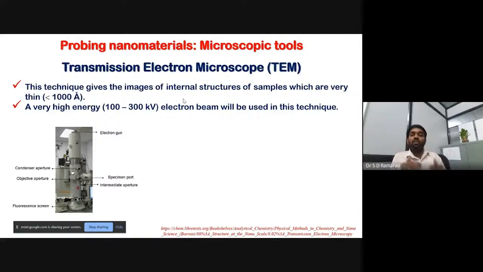So you need to do a lot of processing to make the sample itself. That is the main difficulty of using transmission electron microscopy. You have to make the sample very thin, then only your electrons will pass through your material. Otherwise electrons will not pass through, and you will end up with very poor resolution images. So that is one difficulty in doing this experiment.